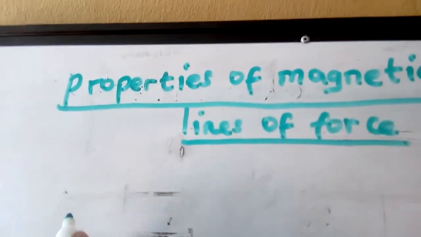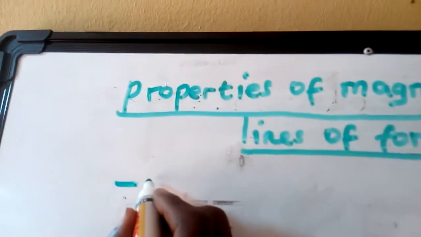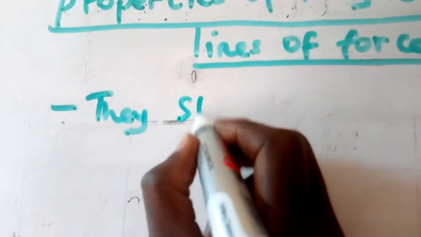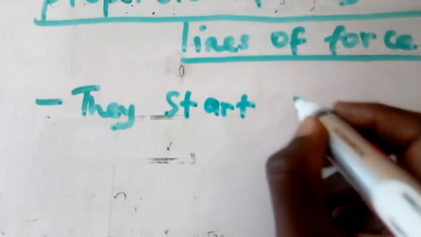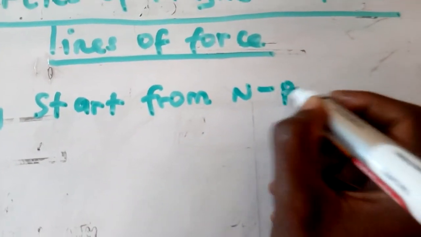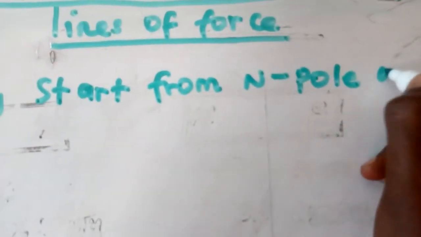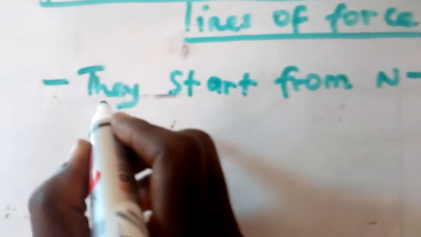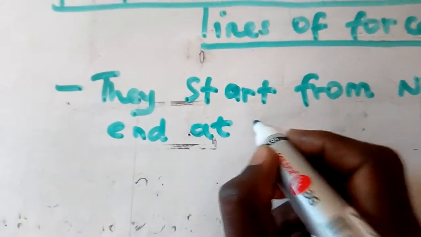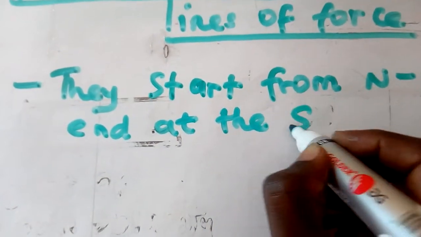Property number 1, they start from the North Pole and end at the South Pole.